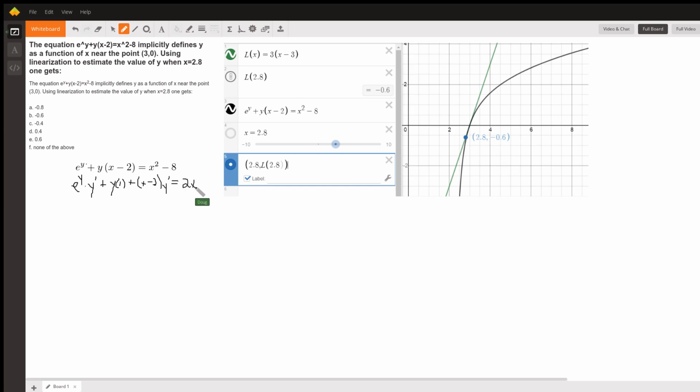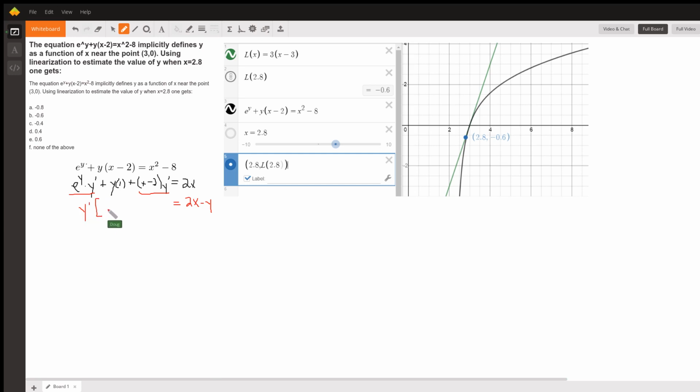Okay, so the two terms that have a y prime in them are this one and this one. So I'm going to picture taking this y to the other side of the equal sign, 2x - y, and factoring out the y prime from those two underlined terms.